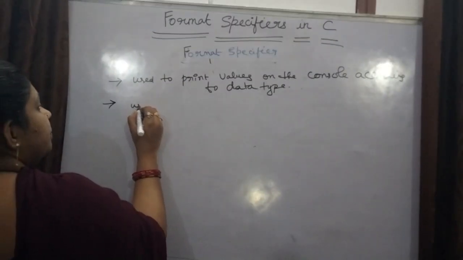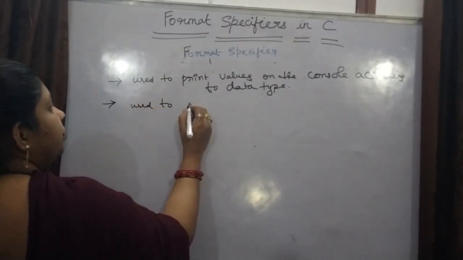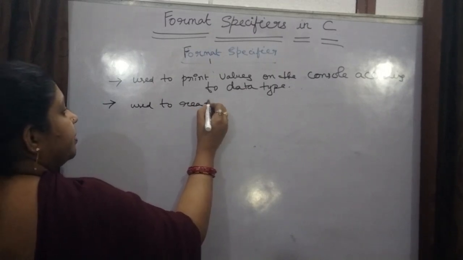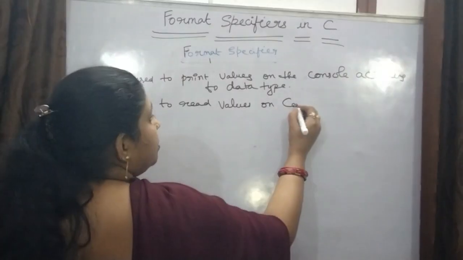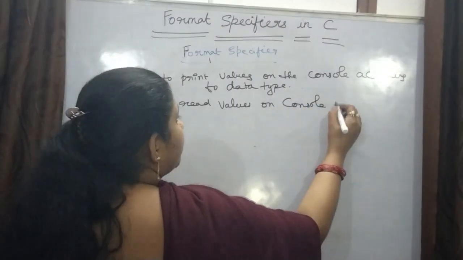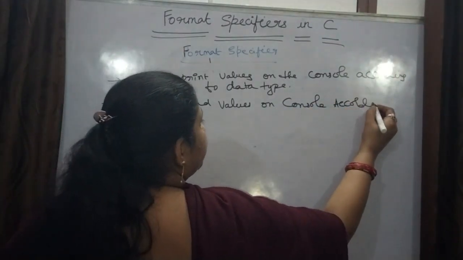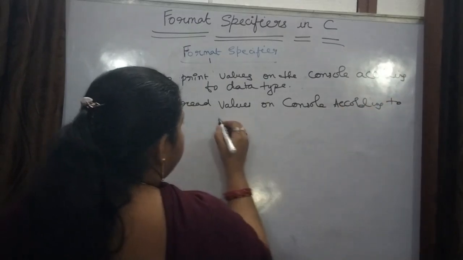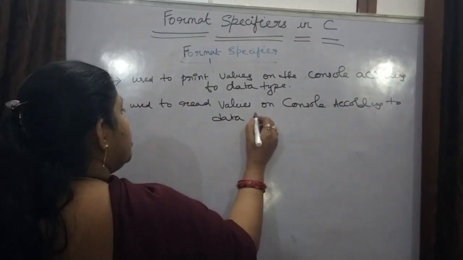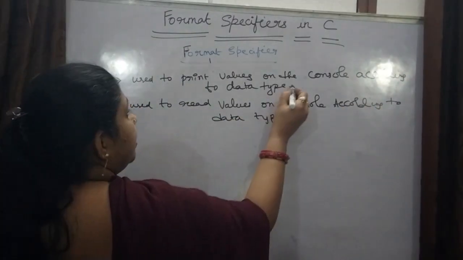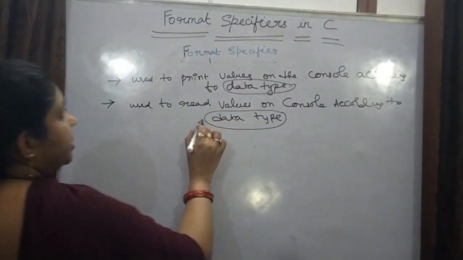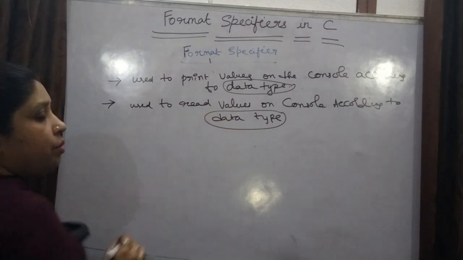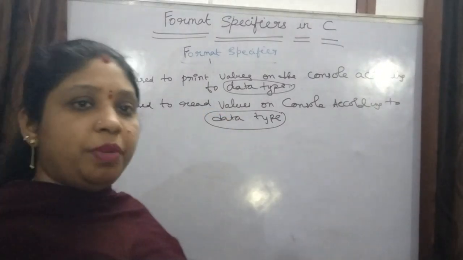Next, it is used to read values on the console according to the data type. So here you can understand data type, here also data type. So depending on the data type only you can give the format specifiers. Okay.